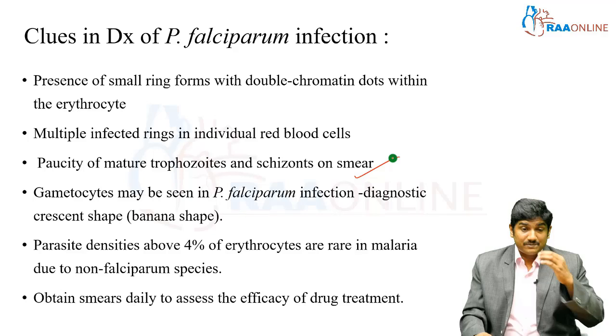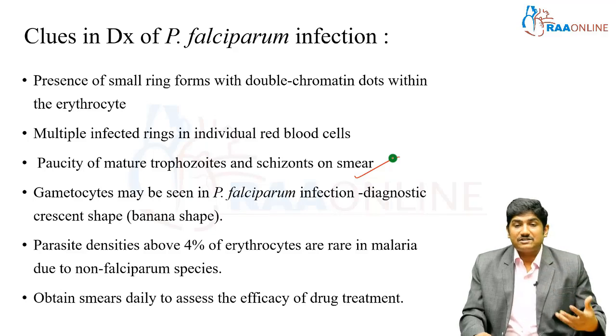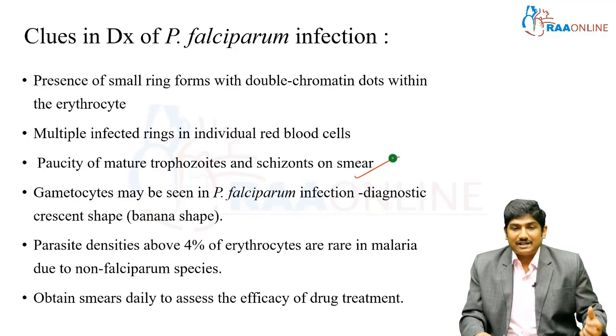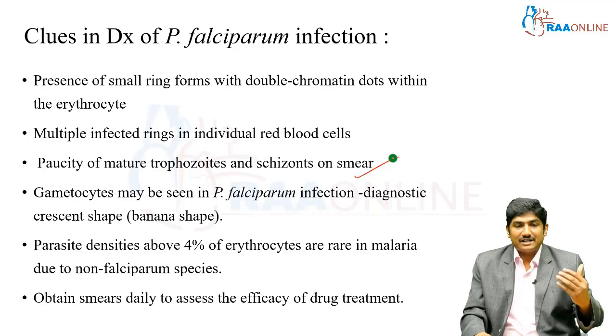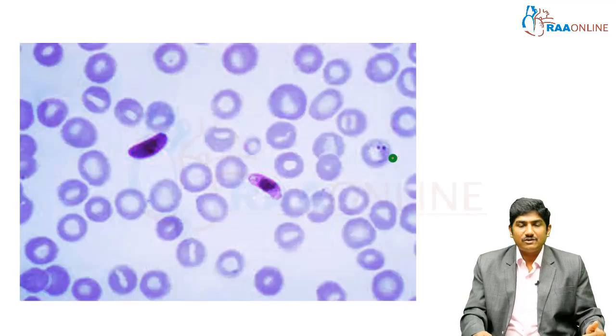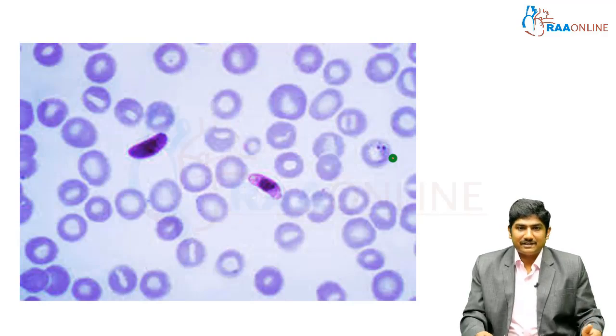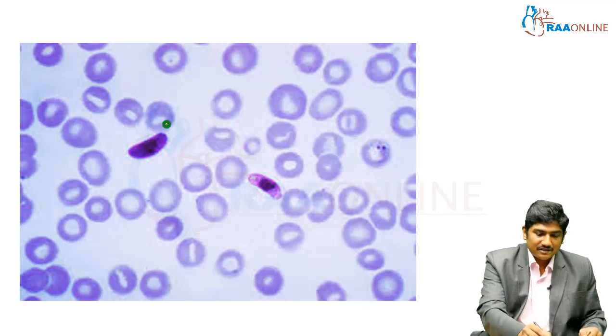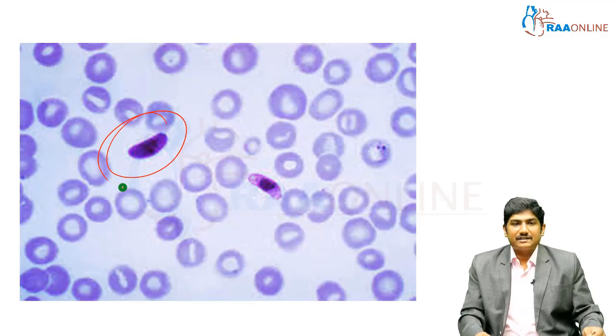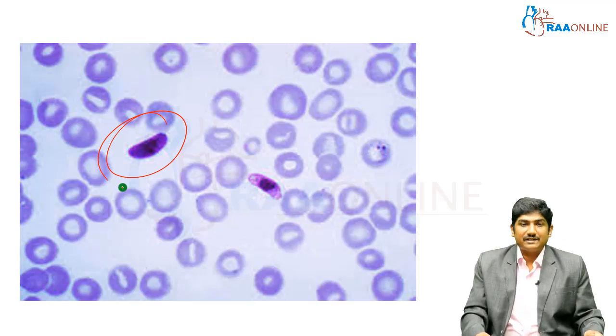Obtain smears daily to assess the efficiency of your drug treatment. Once you start the treatment, this density has to come down gradually. So this is the banana shaped gametocyte of falciparum malaria. Can you see the banana shaped gametocyte? When this is there, that gives you a clue that this is falciparum malaria.